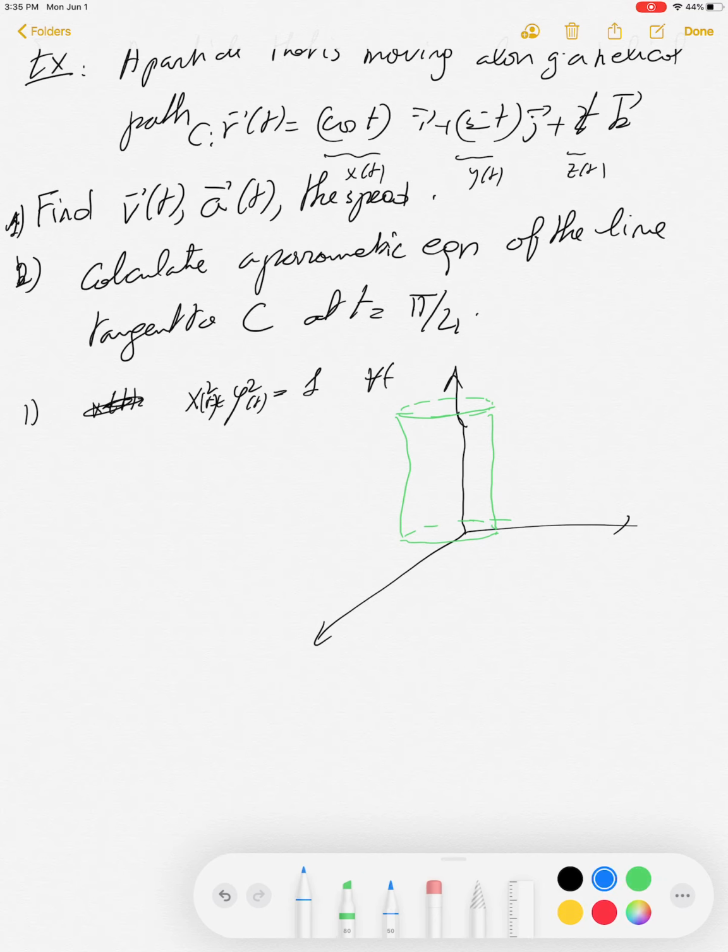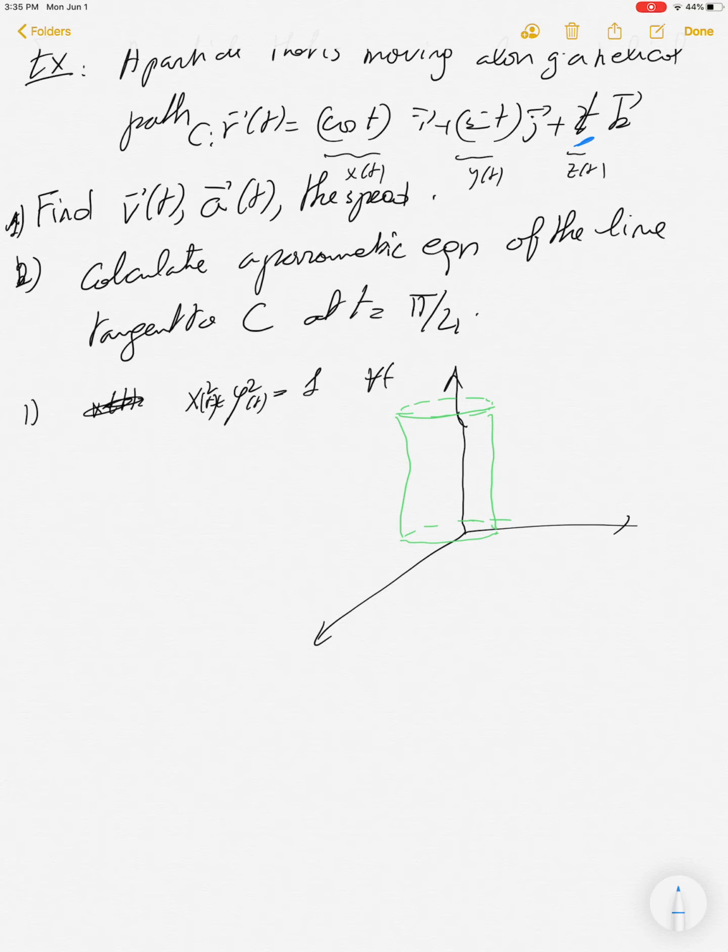But with increasing the coordinate. So at x equals 0, where I am, at t equals 0, my coordinate is cosine 0 is 1, so it's 1, 0, 0. So I'm here.